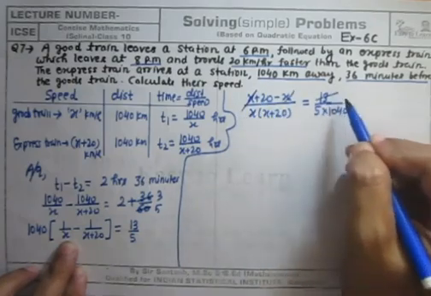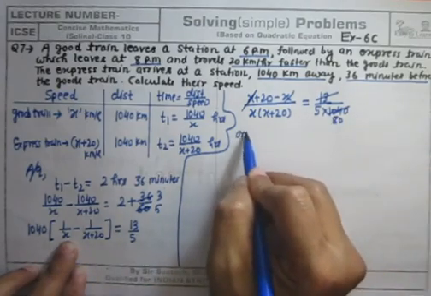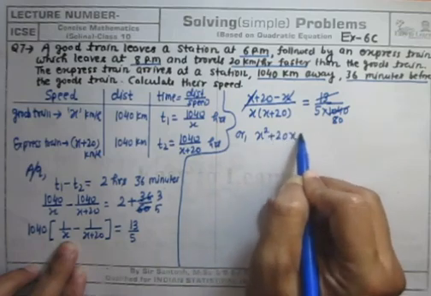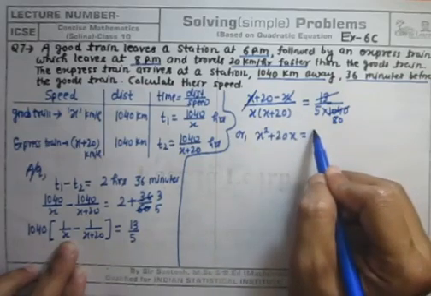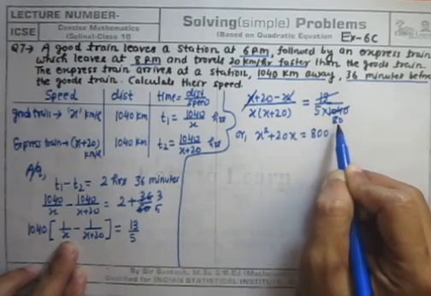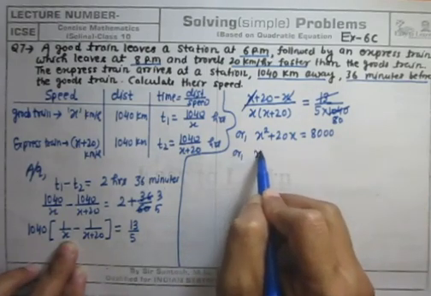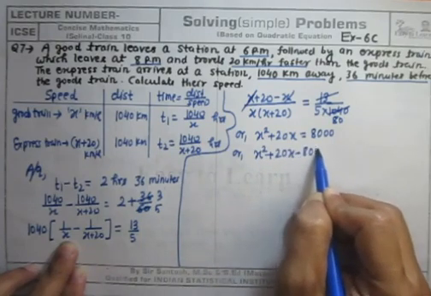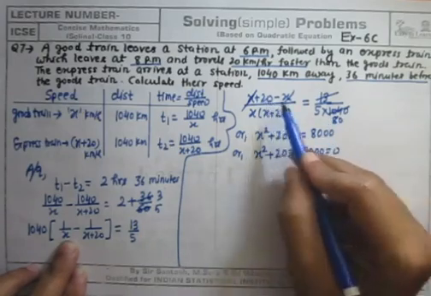Now cross multiply, x square plus 20x is equal to 13 into 208, which is 2704, no, 400 into 20, which is 8000. So x square plus 20x minus 8000 is equal to 0. Is it correct? 5 times 80 is 400, 400 into 20.